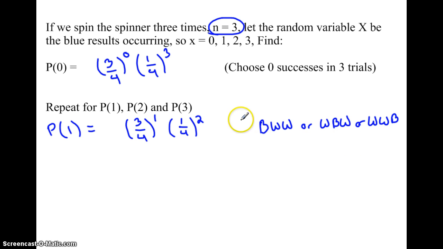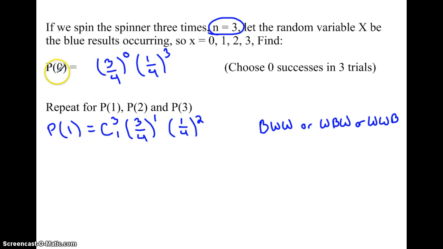So we notice there are different ways that I could have gotten my success, my 3/4, my probability of getting the blue. So we have a combination of 3 spins, and one of them is my success. 3 choose 1 means I'm going to have 3 possible ways of setting this up.